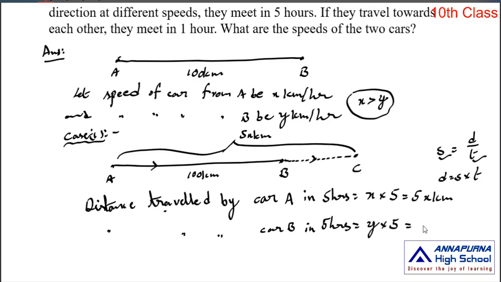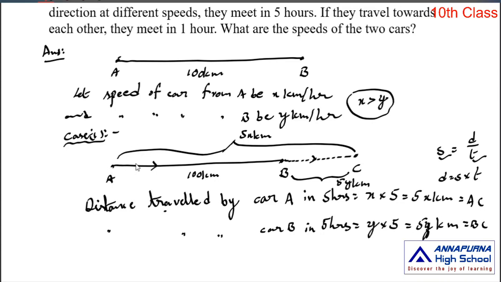It is equal to 5y kilometers. That means the second car covers 5y kilometers in 5 hours. So it represents BC. 5x kilometers is equal to AC and 5y kilometers is equal to BC.